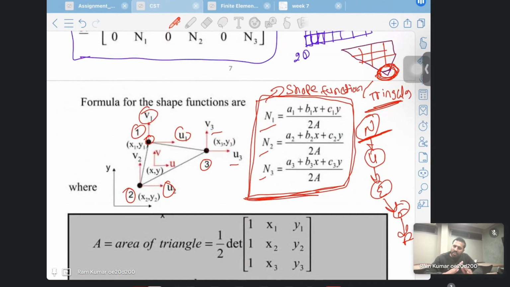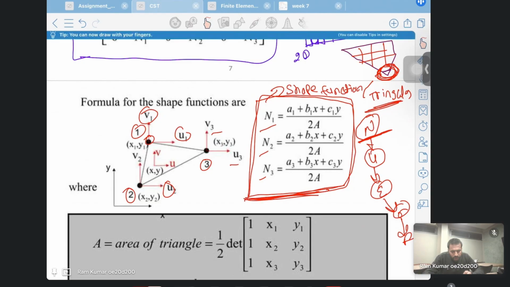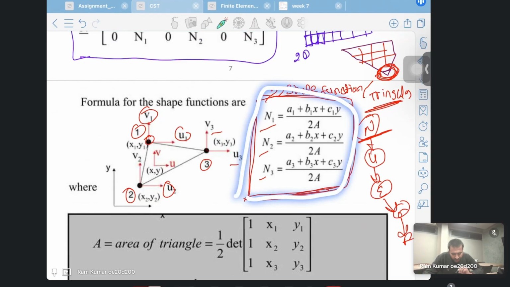Similarly, we can derive it for this triangle, but it will be a very long expression, so normally we are not deriving it. We are just giving this as the shape function for the triangle element. Derivation we can also do, but it is not required at all.